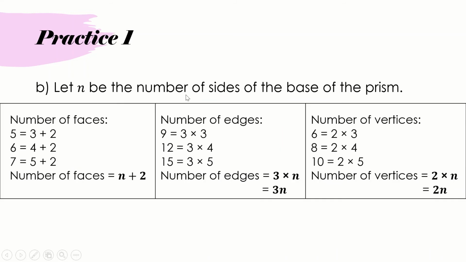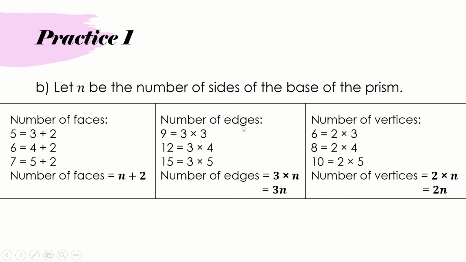So let n be the number of sides of the base of the prism. So number of faces will be 5 equals 3 plus 2, 6 equals 4 plus 2, 7 equals 5 plus 2. So number of faces will be n plus 2, number of sides plus 2.